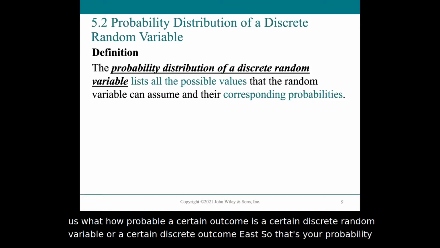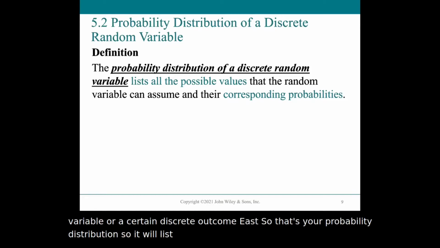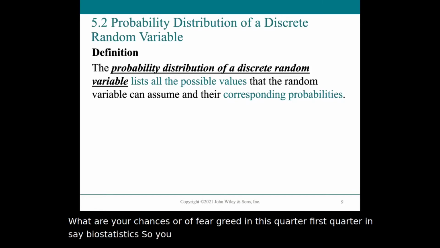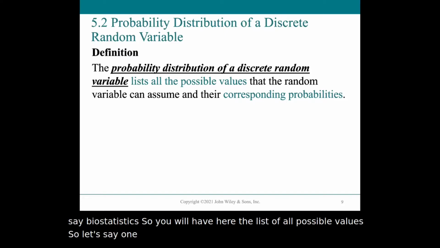So it will list everything possible. For example, what are your chances for your grade this quarter, the first quarter in, say, biostatistics? You will have here the list of all possible values. So let's say 1 flat, 1.25, 1.5, all the way up to 3.0, then 5, then we have INC and IP.